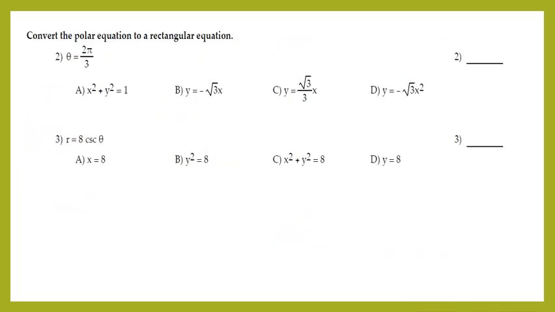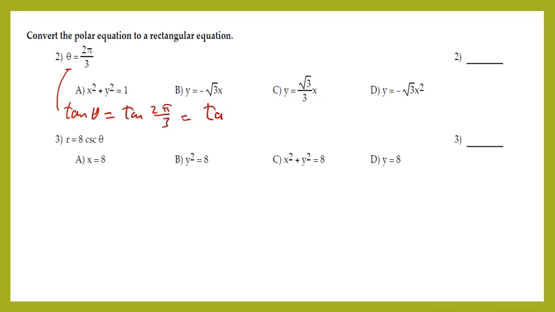Regarding question number 2, convert the polar equation to a rectangular equation. The given equation is theta equals 2 pi over 3. So I'm going to get the value of tan theta, which is tan of 2 pi over 3.